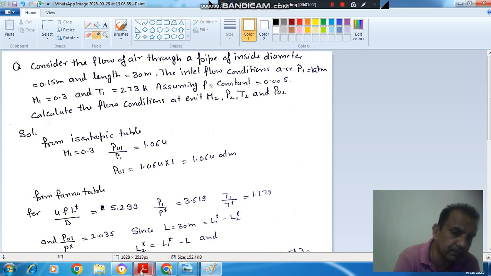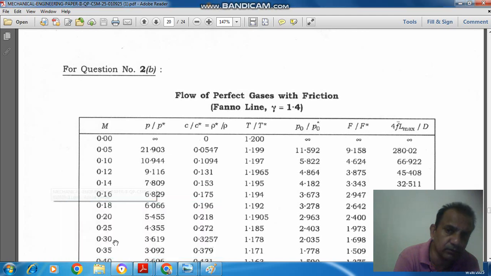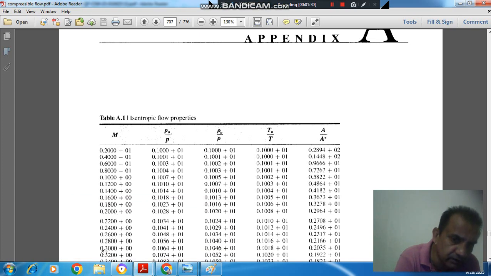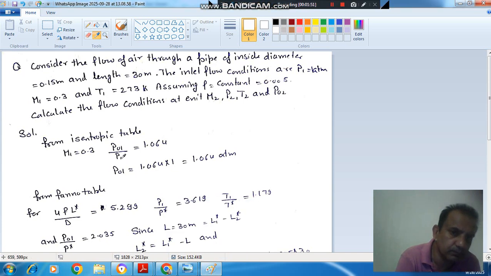Using the isentropic table, at Mach number 0.3, P naught by P is 0.1064 into 10 power 1, or 1.064. So P01 by P1 is 1.064 and P1 is 1 atmosphere, so P01 is 1.064 atmosphere.